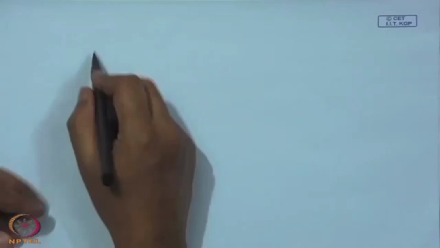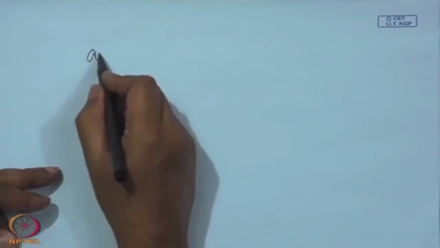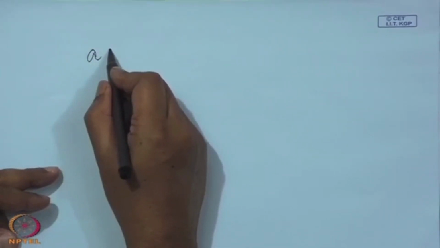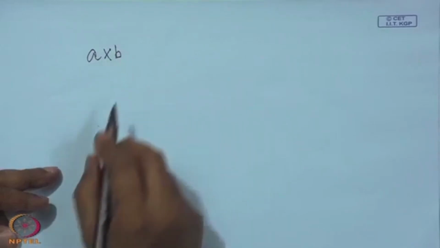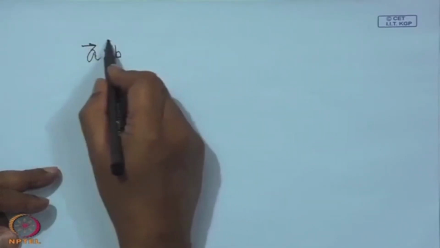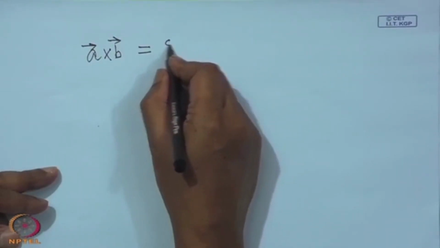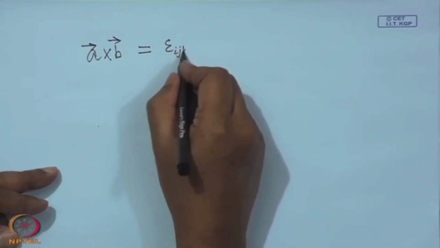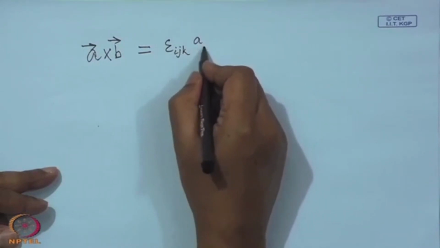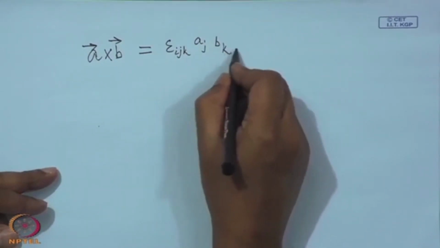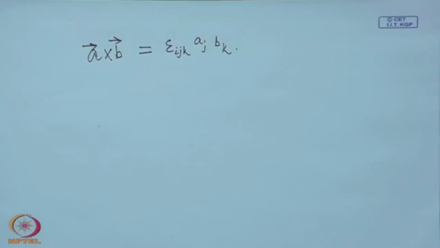So two vectors denoted by A cross B can in index notation be written as epsilon ijk A j B k.